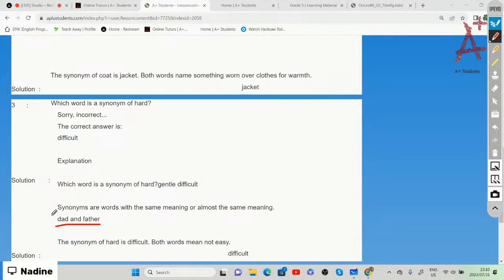However, both of these words are similar in meaning. They take up the role of the father figure in the house, whether we say it's our dad or our father. So these are also synonyms, where they almost mean the same.